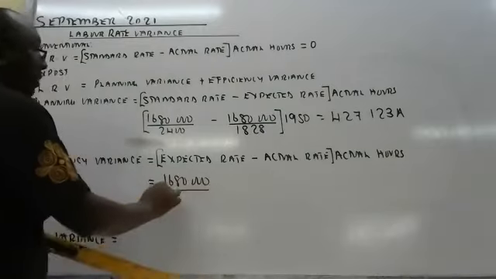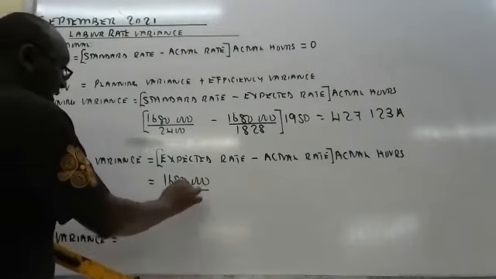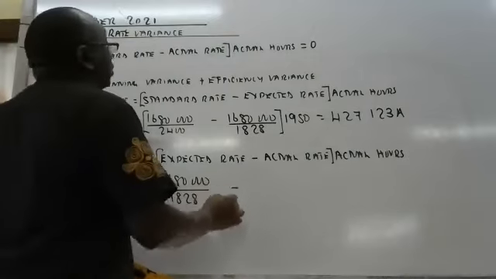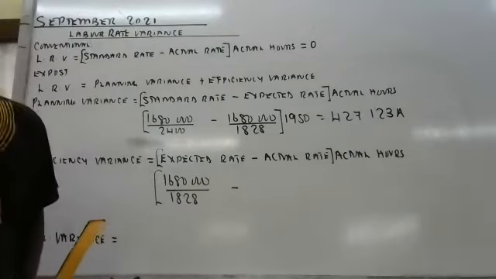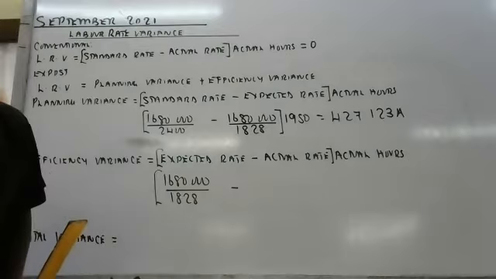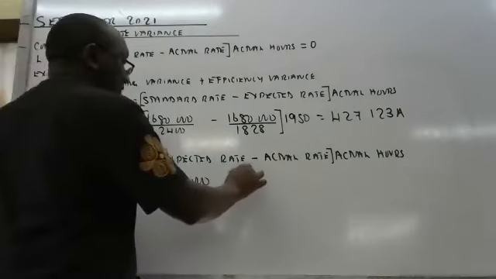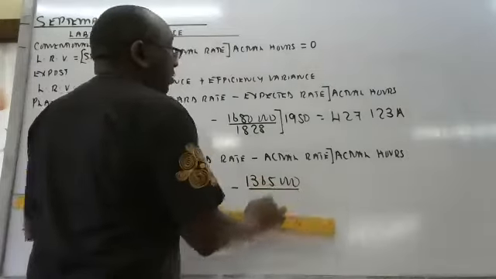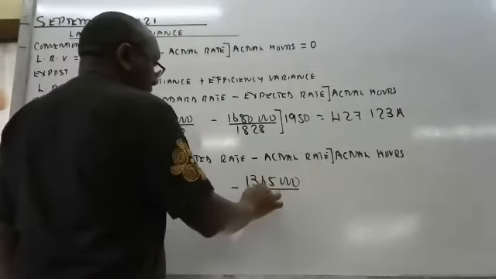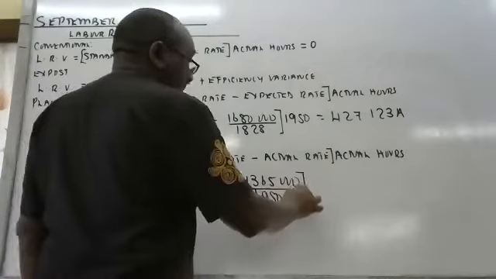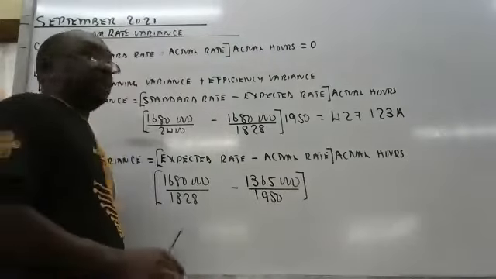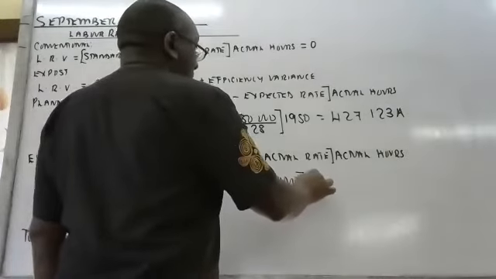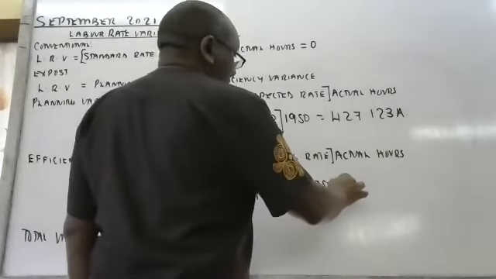You divide by 1828. The actual rate, we simply get the actual cost. The actual cost was 1,365,000. You divide by the actual hours of 1950. You multiply by the actual hours of 1950.